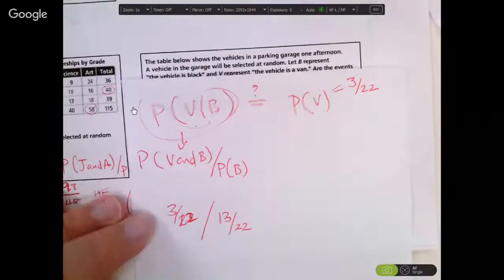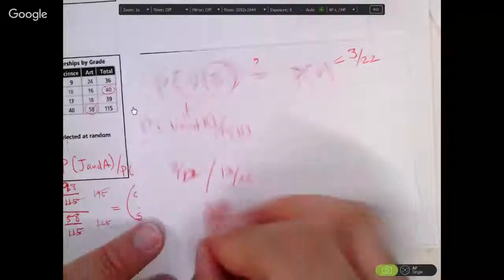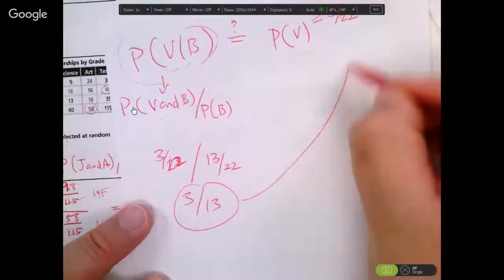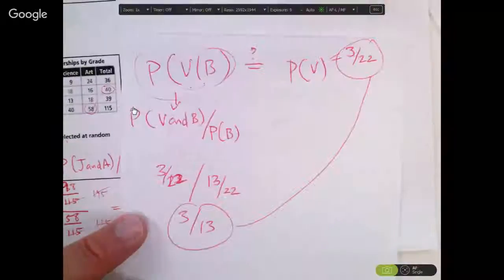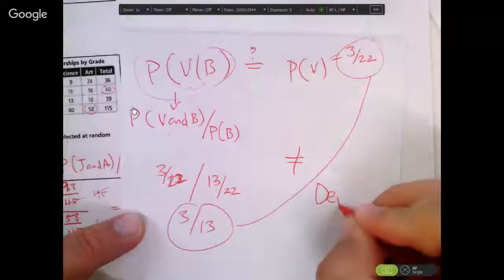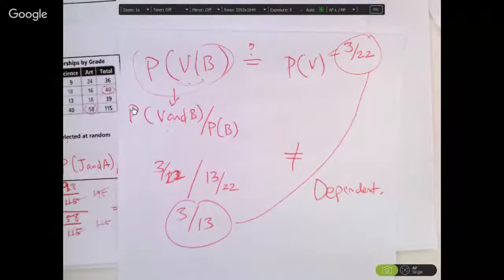Okay, and that simplifies down to 3/13. So all this question is asking is, is this equal to this? If it's not equal, that means it is dependent. It's affecting it. If I do something and it doesn't affect me, then it's independent of me.